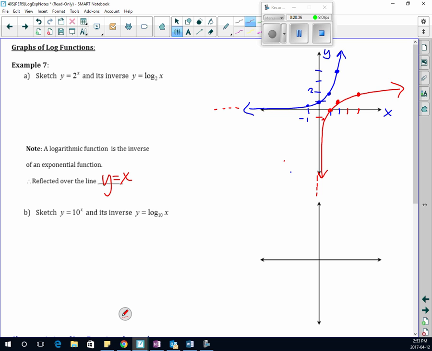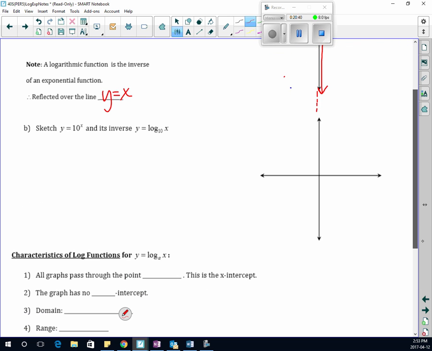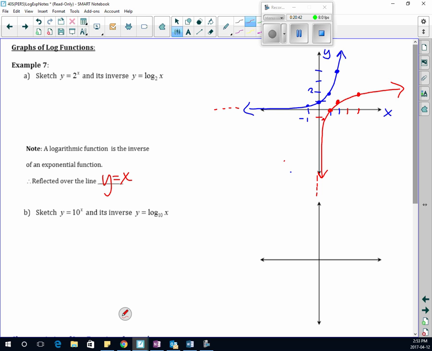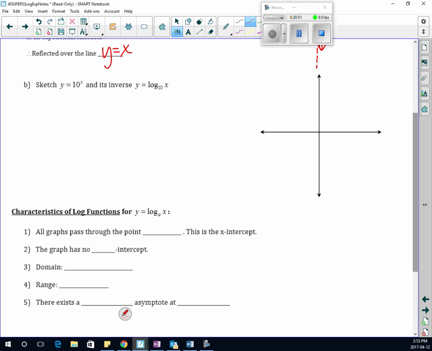So let's sketch y equals 10 to the power x and its inverse. Okay, next up, y equals 10 to the power x. So 1, 2, 3, 4, 5, 6, 7, 8, 9, 10. I'll put 10 there.